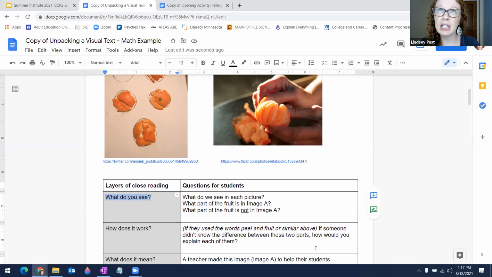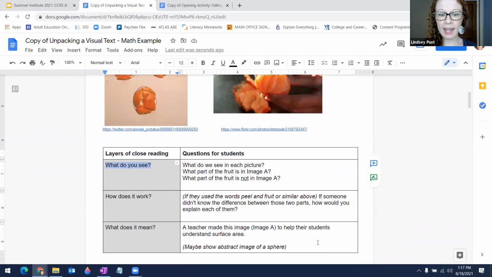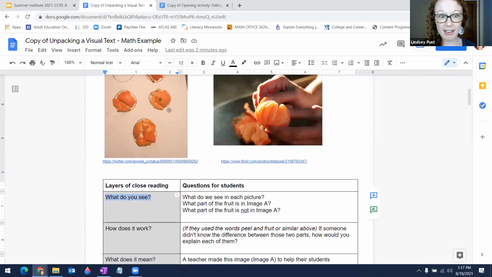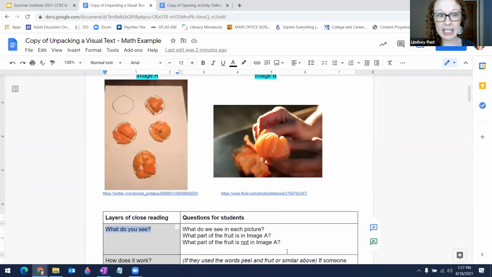How would you explain each of those parts, the fruit, the peel, and what's happening? And then what does it mean? Maybe showing an abstract image of a sphere, saying a teacher made this image to help their students understand surface area. So kind of leading with that.